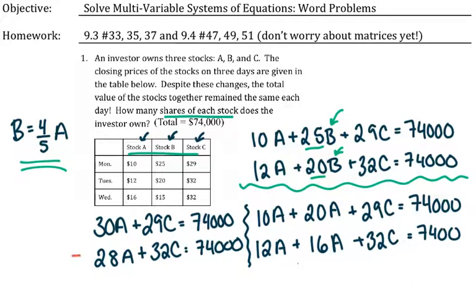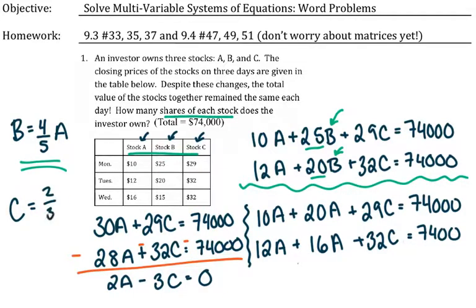What I'm going to do is just subtract all of these, and then I'm going to cancel out the totals because they're ready to be canceled out, and I'm going to end up with something very similar to my last system where I've got 2a minus 3c is equal to 0, and using the same logic as I did with b, I then find that c is equal to 2/3 of a.